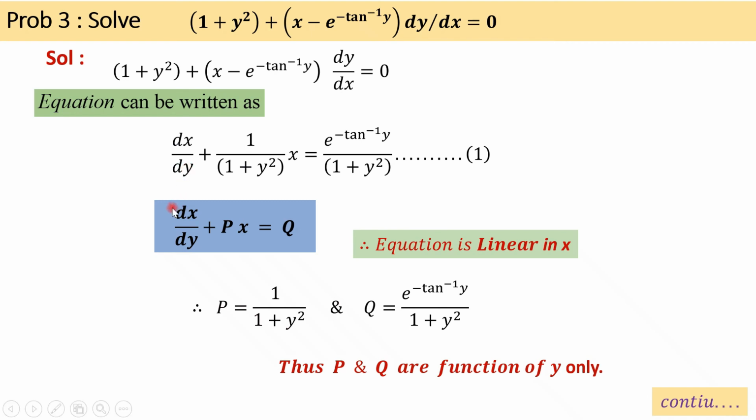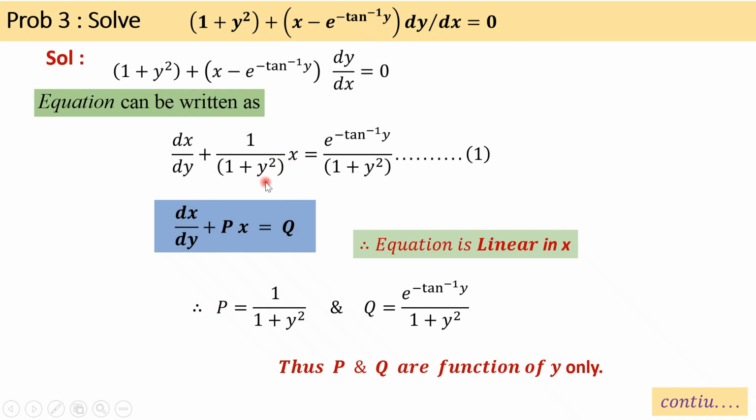Thus the standard linear form is dx by dy plus px equals q, where p and q must be functions of y. Check it. Yes, see, this whole is the value of q, it is a function of y only, and the coefficient of x must be a function of y.